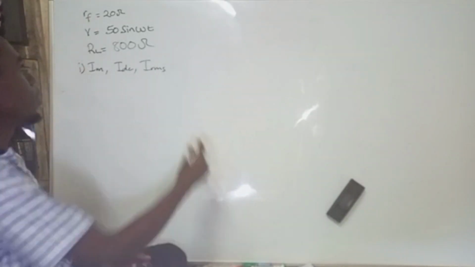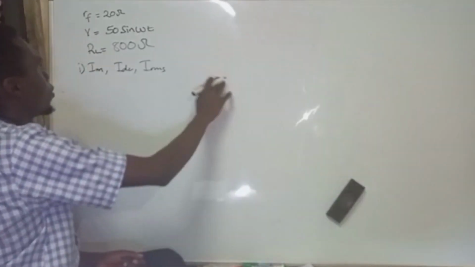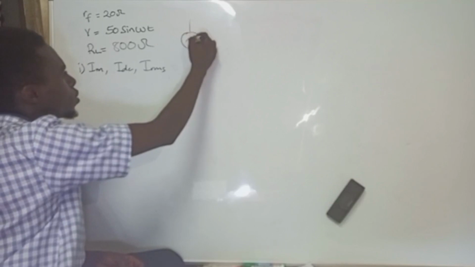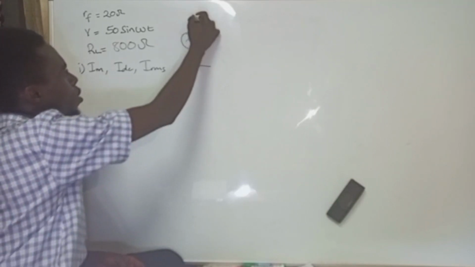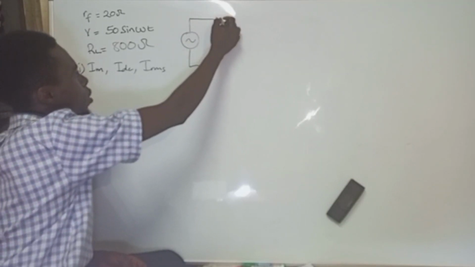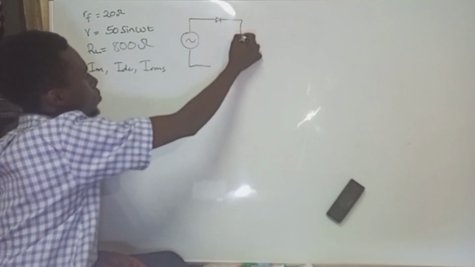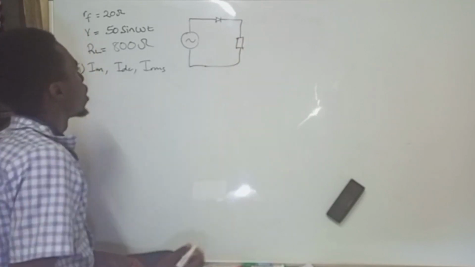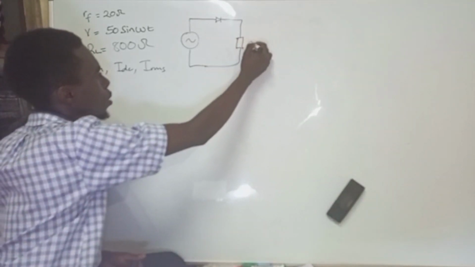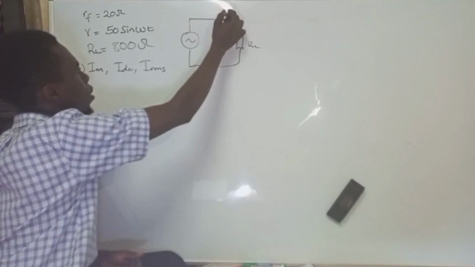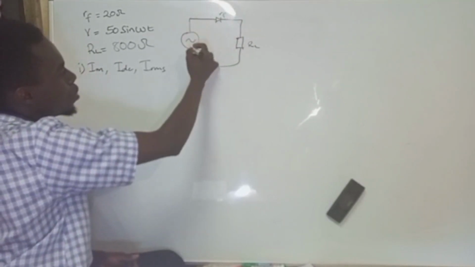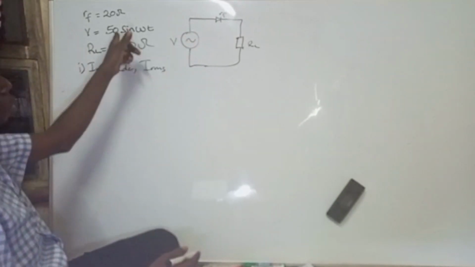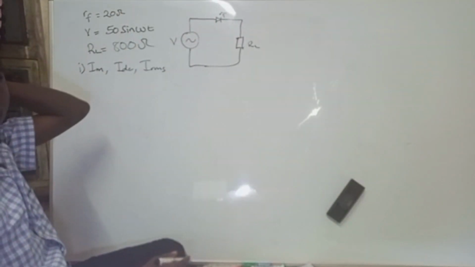Now for this question, you can redraw the circuit in simple terms. Let's say this one is not supplied through a transformer, it is just direct. We have our current coming, it flows through a diode, then it goes through a certain resistor, like that. And then they said our resistance RL, and this is RF. This has a certain resistance RF, and the voltage here is V, and they've told us V equals 50 sine omega t.